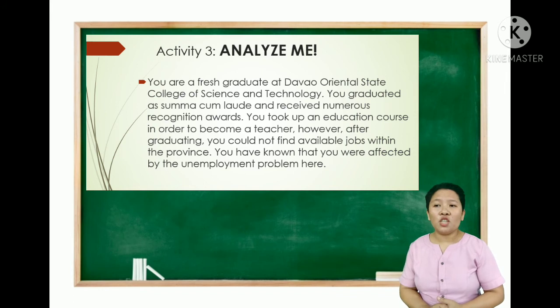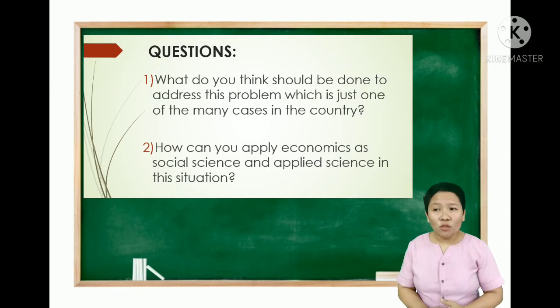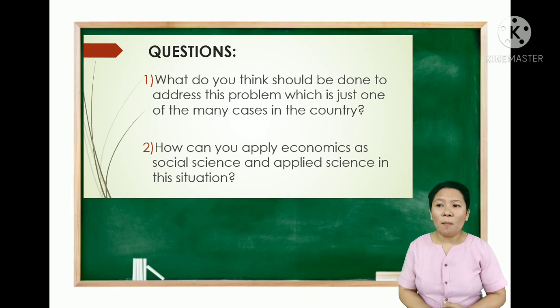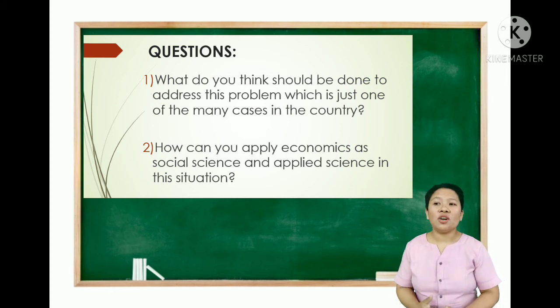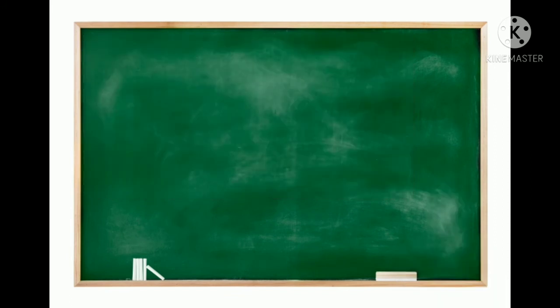You have known that you were affected by the unemployment problem here. Questions. Number 1: What do you think should be done to address this problem, which is just one of the many cases in the country? Number 2: How can you apply economics, as a social science and applied science, in this situation? Now, I want you to write your answer in your notebook.